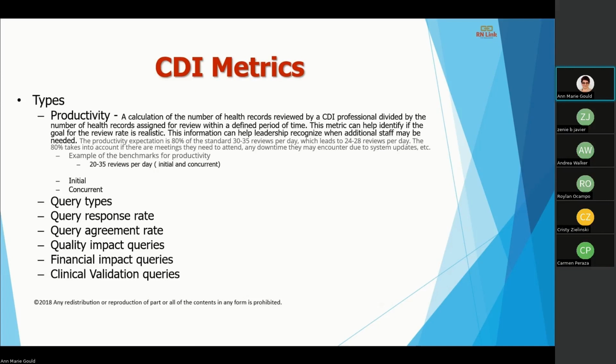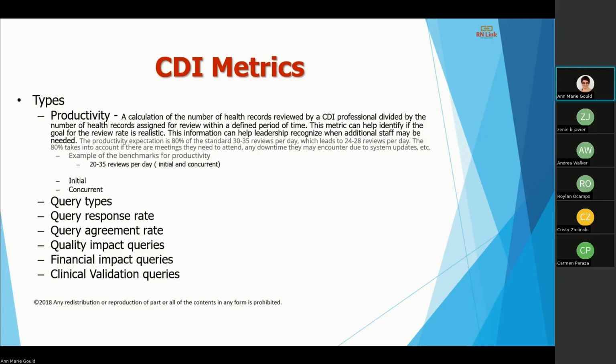That's not even in the benchmark area from what AHIMA and ACDIS say. Usually it's 20 to 25% for query rate. They wanted us to hit over 30% with queries. I said, I'm not going to hit that. I can hit 20, 25%.